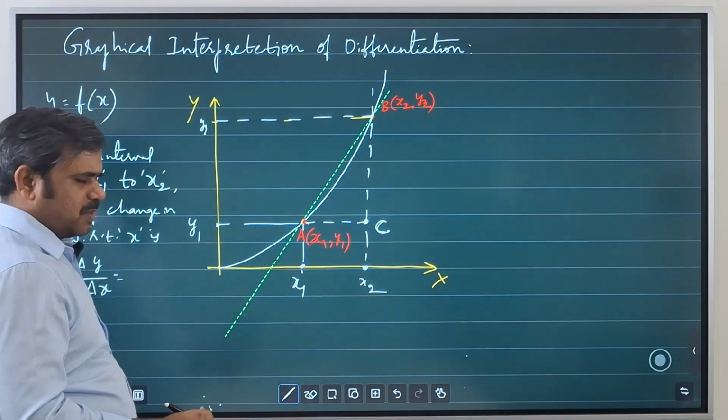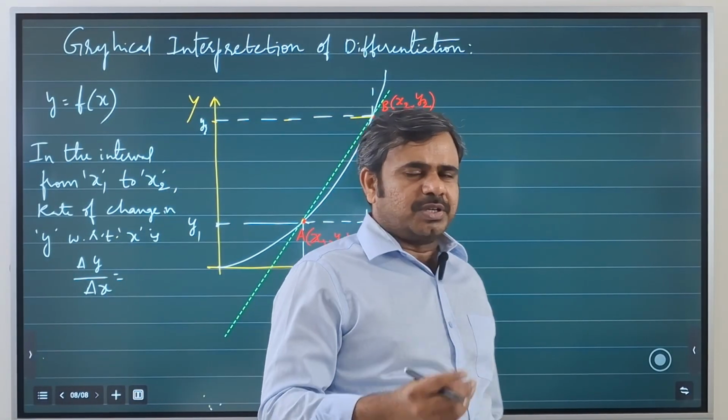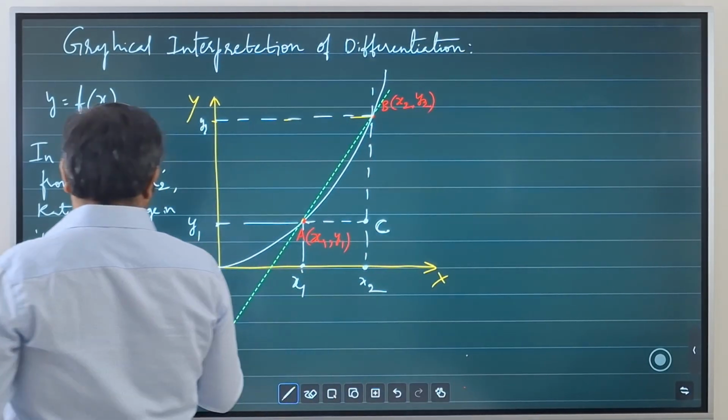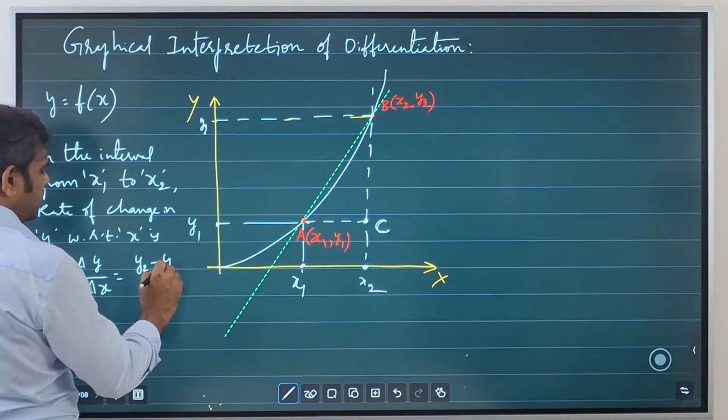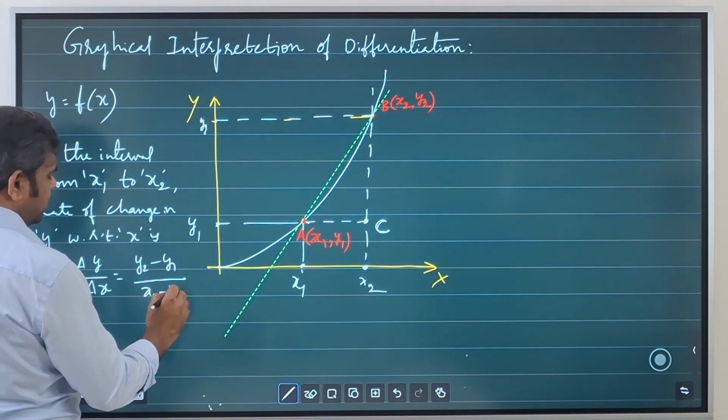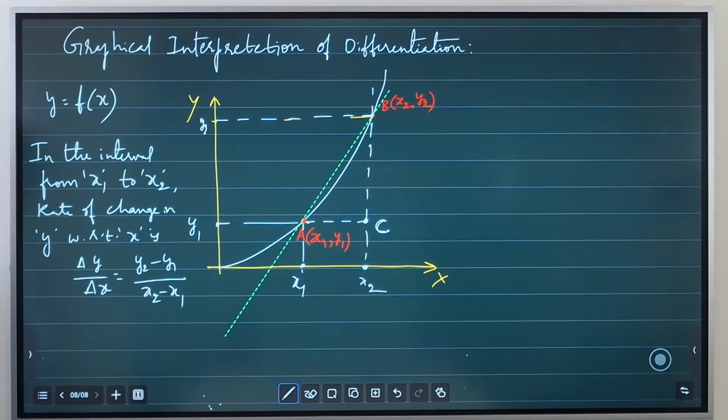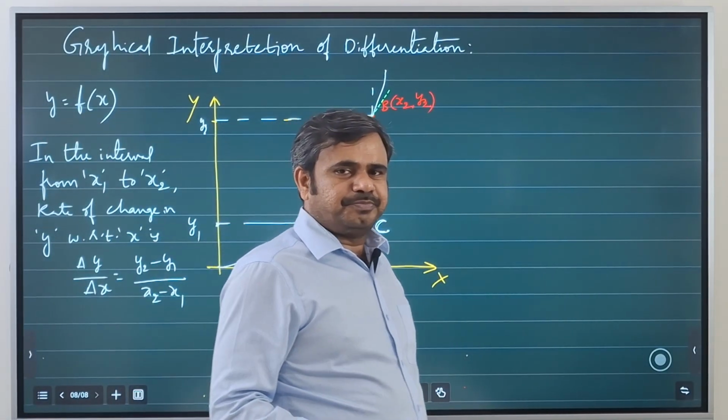Rate of change in y with respect to x means change in y per unit change in x. In this case, delta y by delta x is y2 minus y1 by x2 minus x1. This is the rate of change in y with respect to x in the interval from A to B.